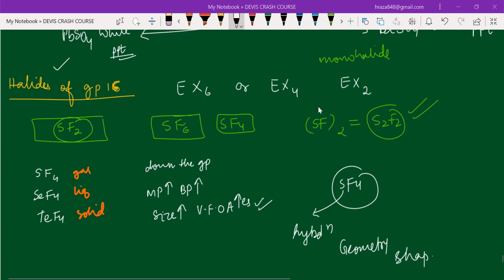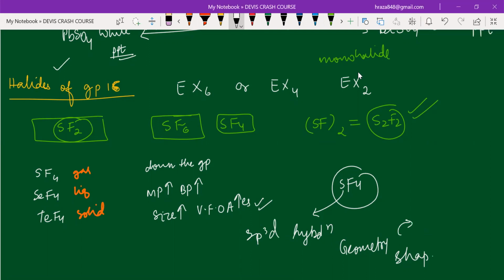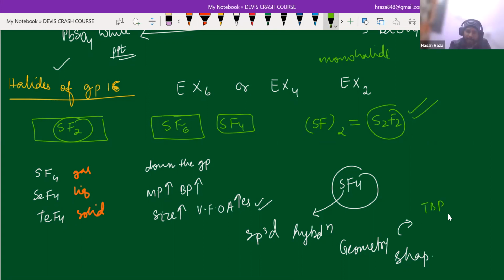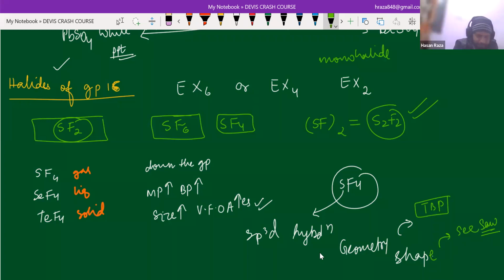The hybridization is sp3d, very good. The geometry is trigonal bipyramidal, and the shape, since one lone pair is there, is seesaw.